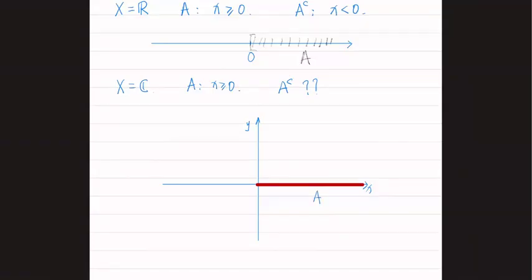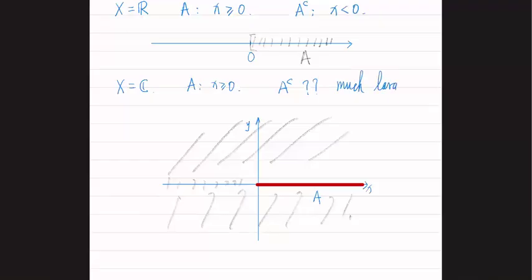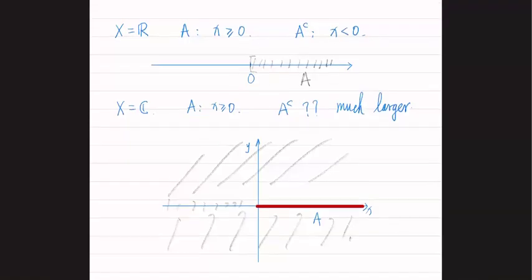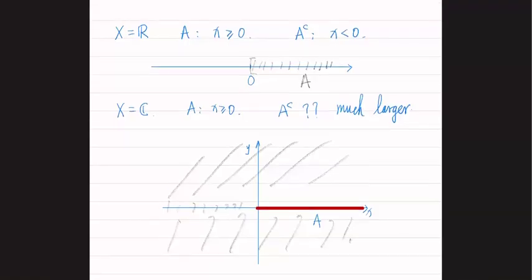Now on the graph, we can see the complement of A is much larger. Not only this, but the whole complement. So whenever we talk about the complement of some set, we should have a default ambient set.